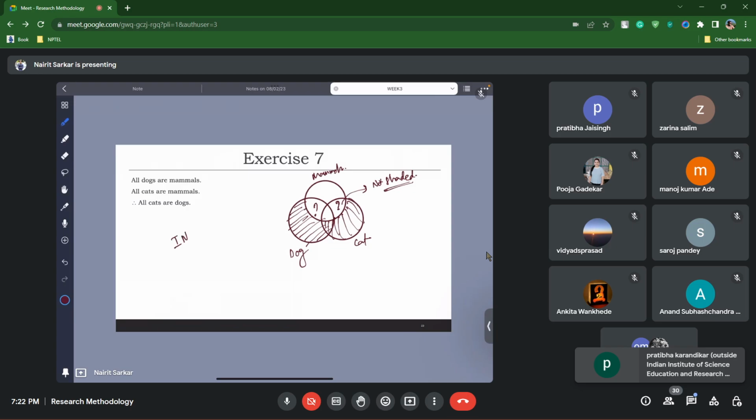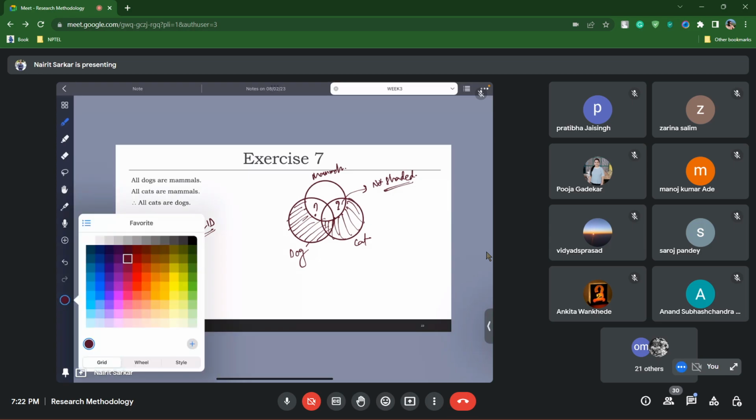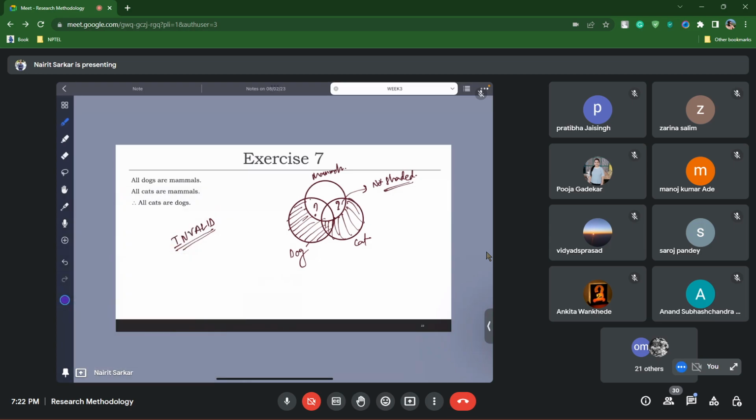So it is invalid. These two areas are not shaded. If it was like this one, it would have been valid, but as these areas are not shaded, it is invalid.